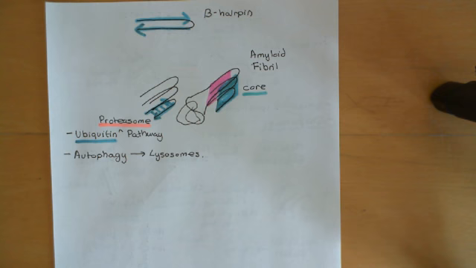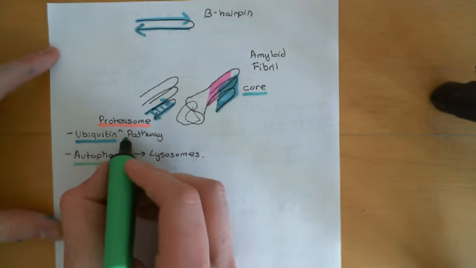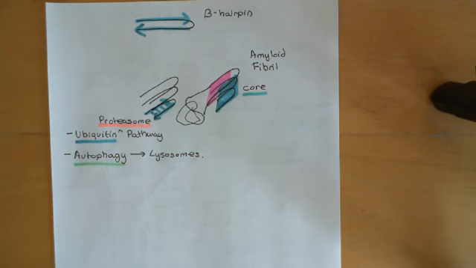Autophagy can be used to destroy single proteins like the ubiquitin proteasome pathway, or there are larger forms of autophagy which can be used to destroy whole protein aggregates formed within cells. So this is a way for cells to get rid of not just single misfolded proteins, but also massive aggregates of misfolded proteins which are formed intracellularly.